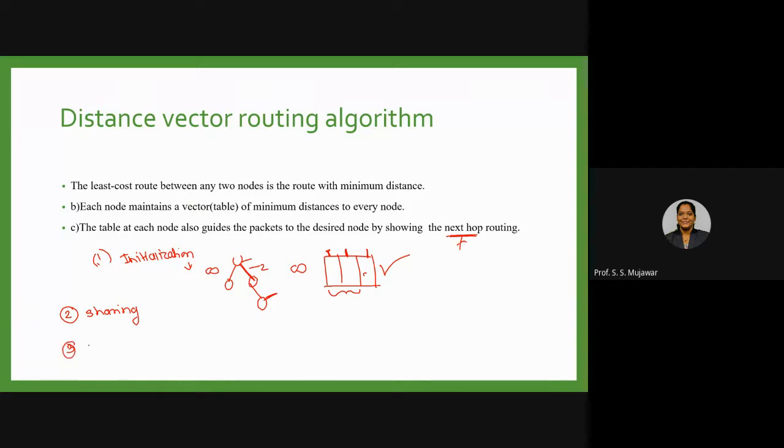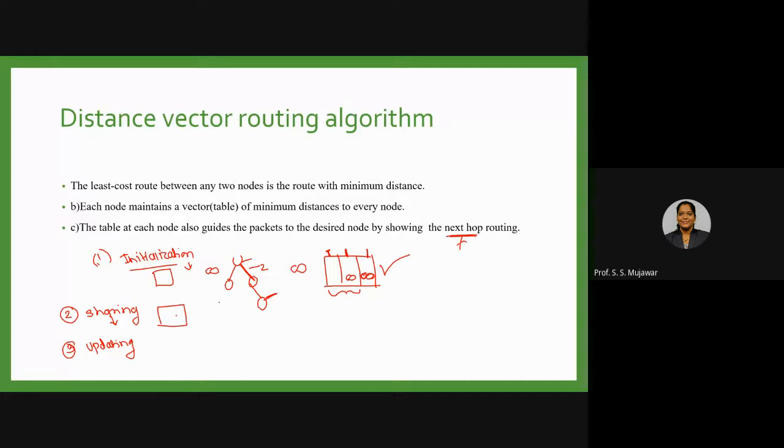Now in the third step, every node will be updating its own routing table by comparing it with the routing table shared by another node. Suppose initialization is done and a table is made. Now this table has been shared with other nodes, other routers. Suppose there was no direct connection here, so I have written the value infinity.